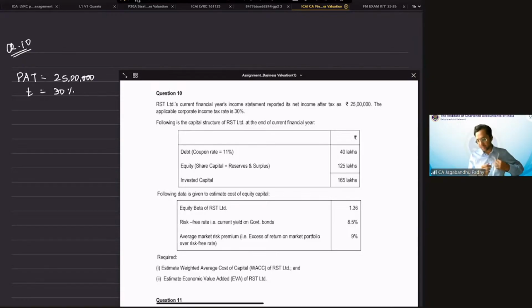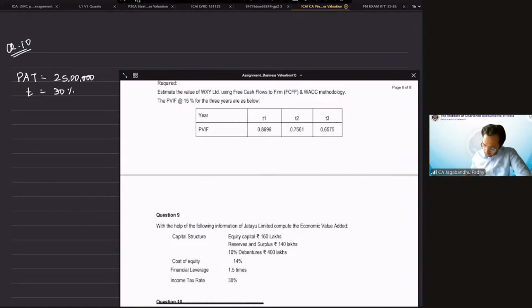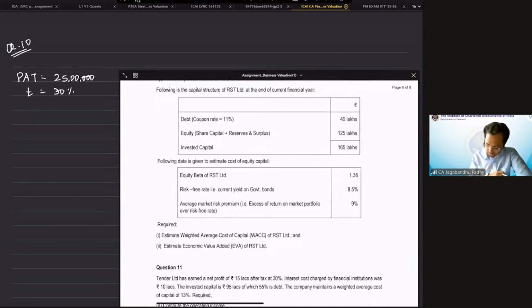Following is the capital structure of RST at the end of the current financial year. We have the share capital, debt, and total invested capital. The total capital employed is 165 lakhs.